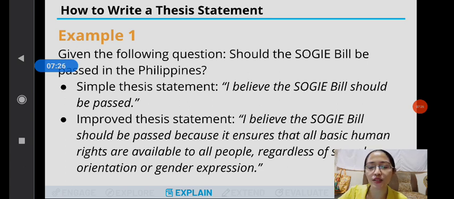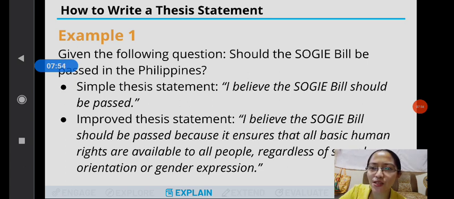Let's observe first. The simple thesis statement is only, I believe that the SOGI bill should be passed. Okay, that's a very simple statement, but it lacks specific information and details on why the writer is approving the statement, okay?